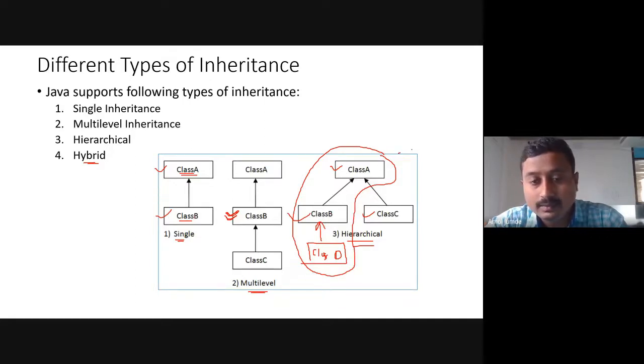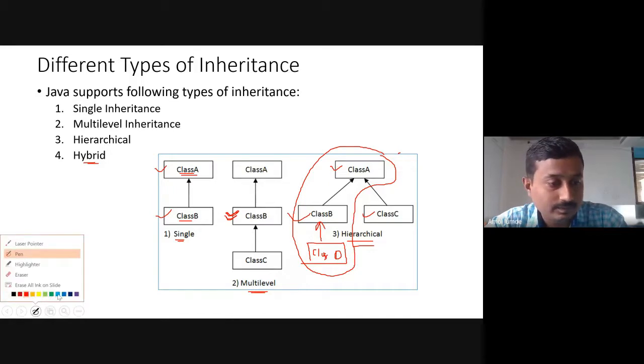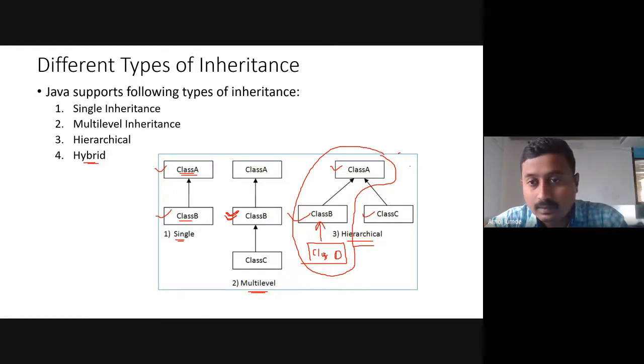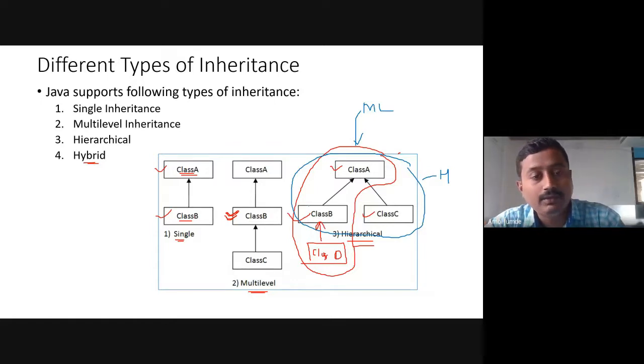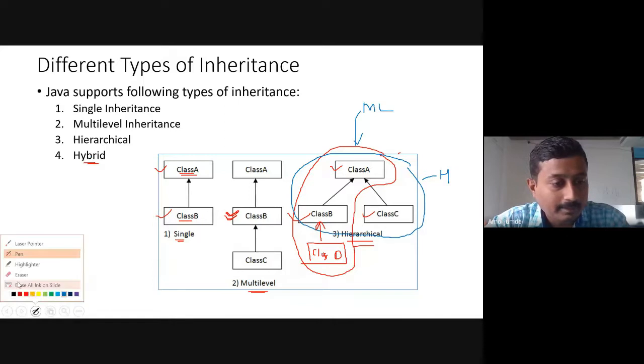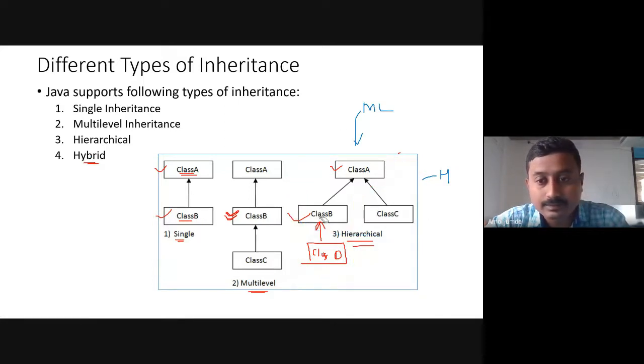This part is hierarchical, and this red part is multi-level. So when you have a combination of these inheritances, that will be hybrid. Take a screenshot of this slide.